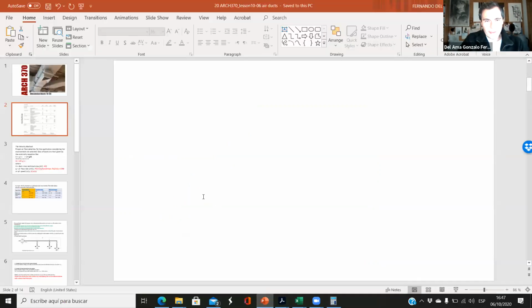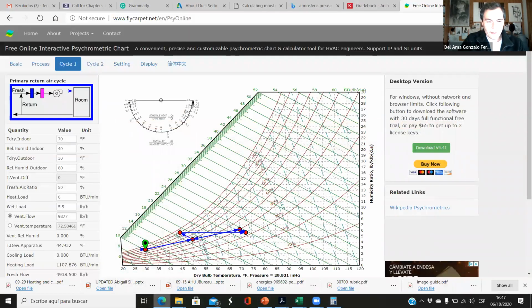Well, I told you that this is the first part of this midterm assignment. So if you haven't done it yet, please do it. If you have any questions, get back to me. I will meet with you if you need it, and I will help you solve the issues. Or if you don't remember how to use this chart, I'll help you.